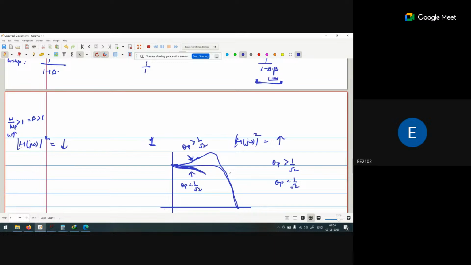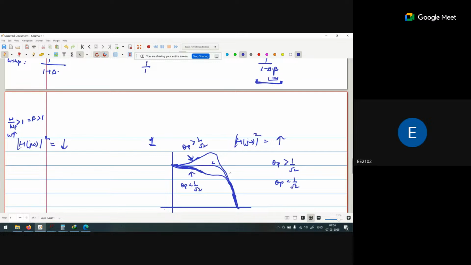If it is decreasing, the response will be like that. So after the cutoff frequency, the response is constant. But before the cutoff frequency, one response will be increasing and one response will be decreasing. One response remains constant at 1, with no effect of any value changes or frequency changes.